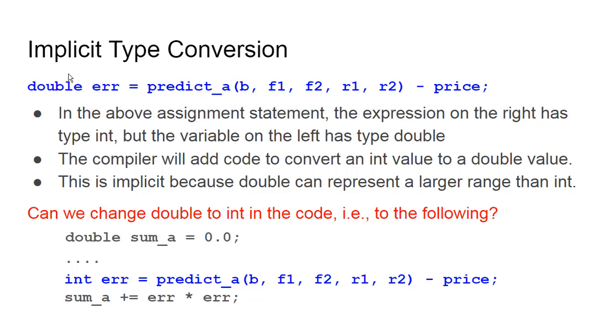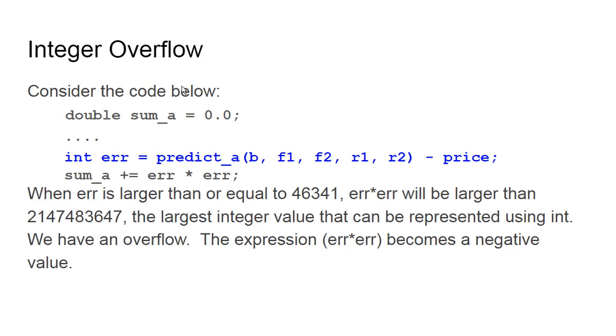If you have tried, you probably saw the answer would be incorrect. And the reason is there will be an integer overflow here. Earlier we said the largest integer value that can be represented using the int type is roughly 2 times 10 to the 9.